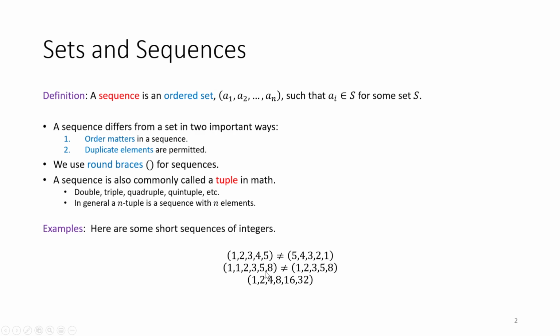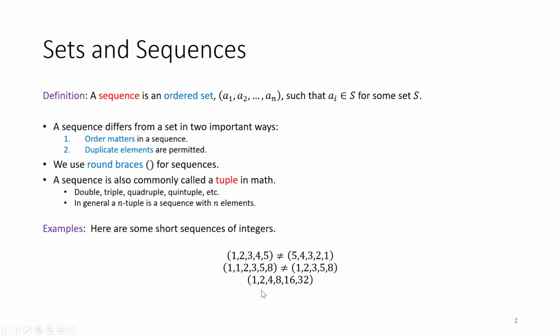Here, if these were sets, then the duplicate 1 doesn't matter. It's extraneous, it's redundant. We could eliminate it and get the same set. But with sequences, that's not true. The 2 ones here make this a different and distinct sequence from the other one here.